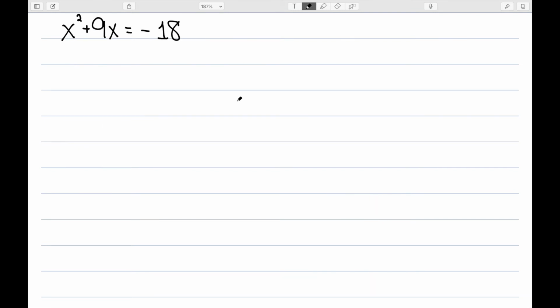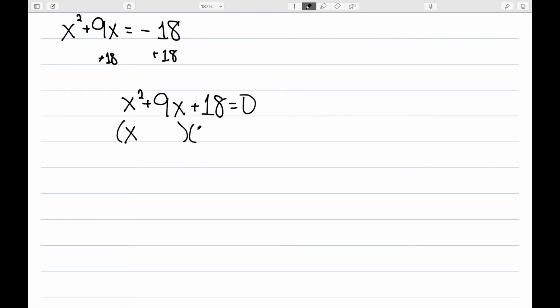For something like x squared plus 9x minus 18, in order to use this property, we need to get everything on one side of the equation. So we'll add 18 to both sides to get x squared plus 9x plus 18 equal to 0. We then need to find two numbers that multiply to be 18 and add to be 9. And that works with 6 and 3.